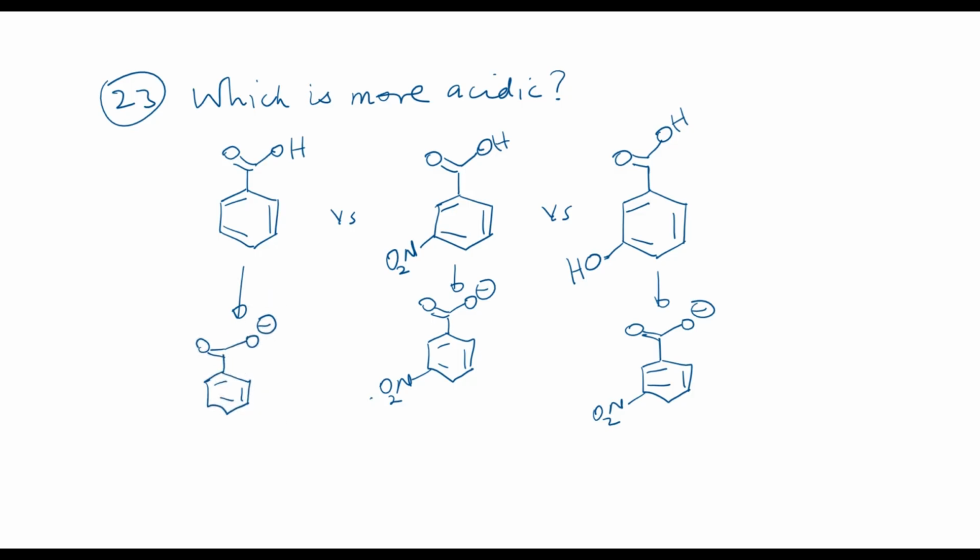So of these conjugate bases, which of them is most stable? The most stable is the one where the negative charge is better stabilized. And since we have, it's an OH group. Since we have an electron withdrawing group attached to the ring, the electron withdrawing group will help pull the electron density away from the oxygen towards itself, thereby stabilizing the negative charge a lot better.